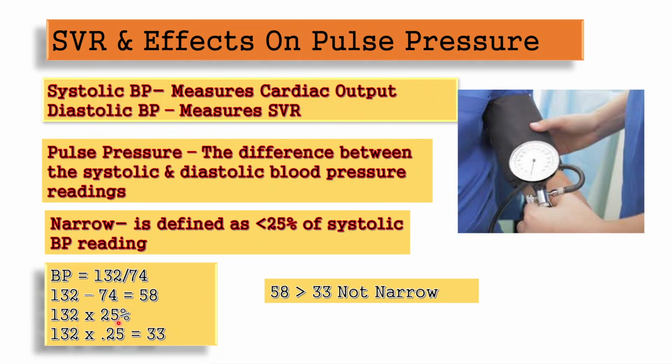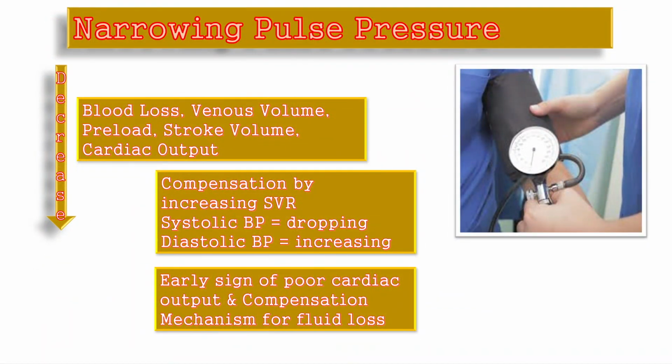If I take 25% of 132, that's going to give me 33. 58 is greater than 33, so this blood pressure will not be narrow. If we start noticing narrowing pulse pressures, we know we have a problem. And that's something we need to be on the lookout for.